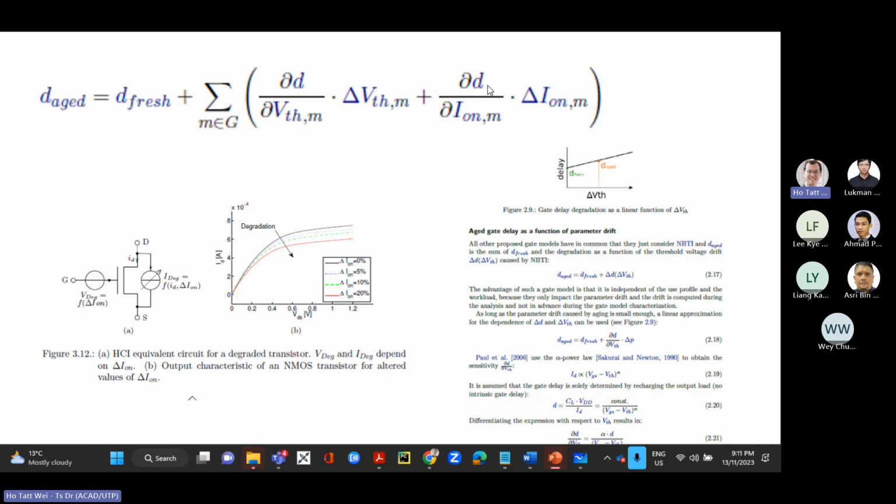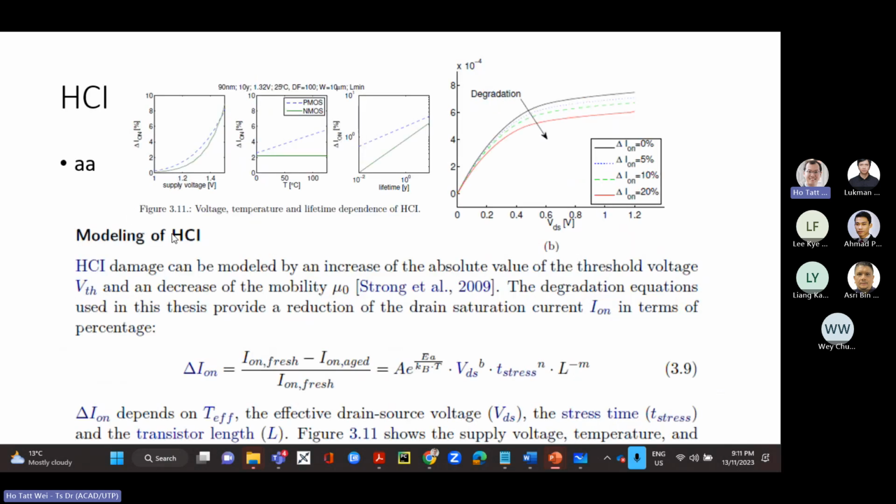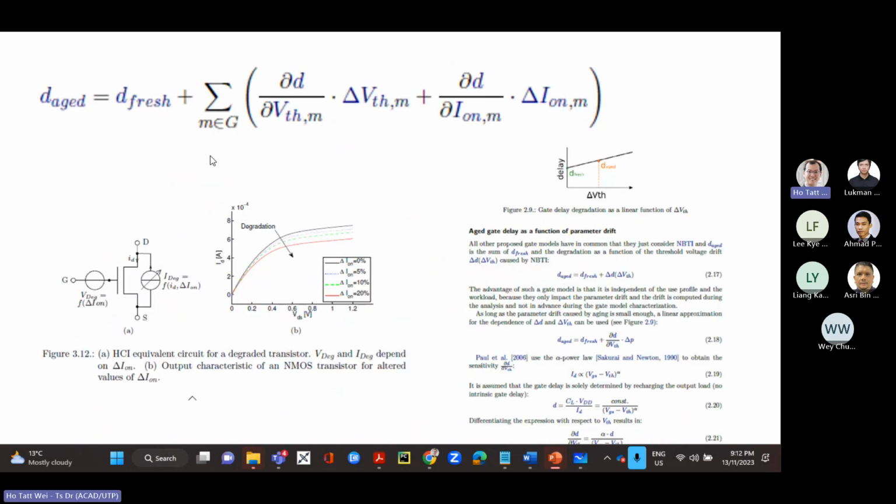And if I ask you to do something on HCI, I will tell you to please reference this delta ION, just model it as a change in VTH. So you use this equation to calculate delta ION, then you convert this delta ION into an equivalent delta VTH. Then you can just plug in using this.